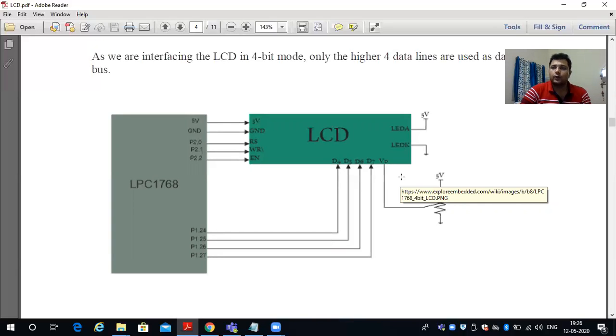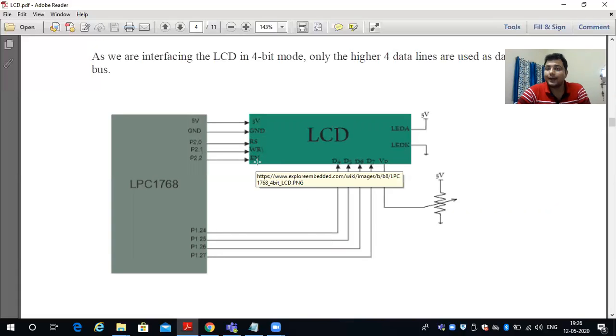So, one is for the data lines and another for the control lines. These are the 3 control lines: register select, read/write, and enable. In the situation in which you want to always write, you don't want to read anything, you don't want to figure out the status of the busy flag or D7, in that situation, this P2.1 which we are using, we can directly ground it.